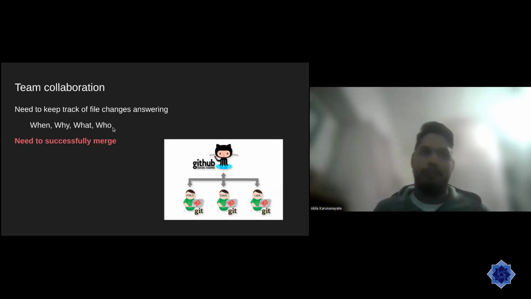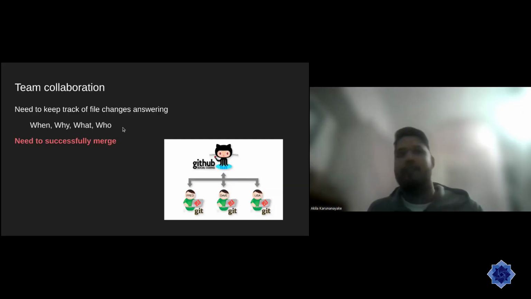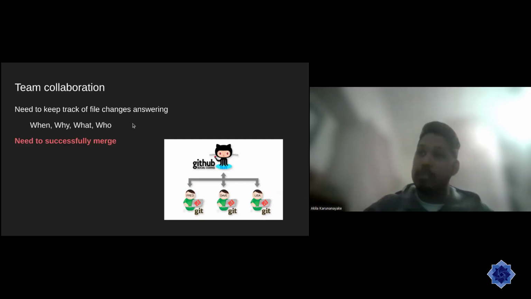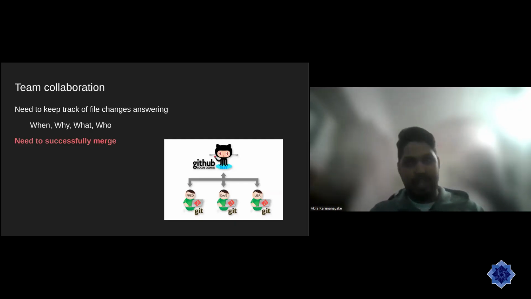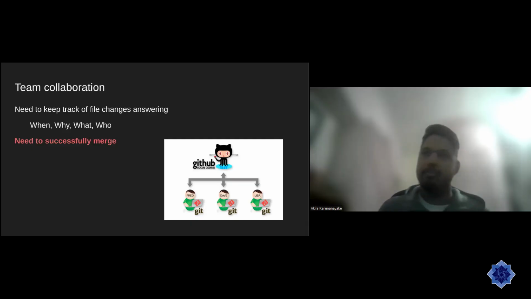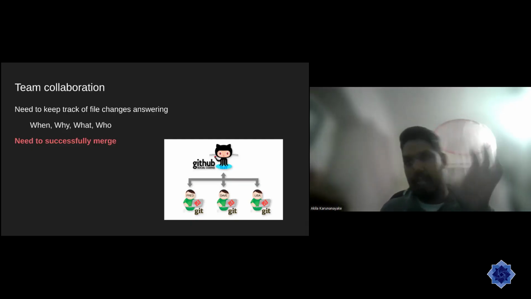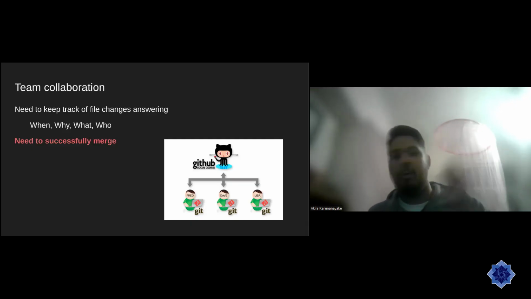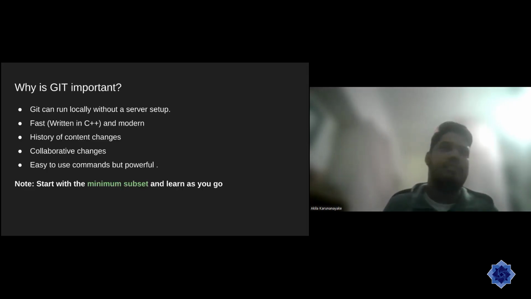Quite often we come to a point where everything starts to fail and we need to figure out how to fix the code. But most importantly, we also need to put all these different changes together, which is called merging in Git terms. So we need a way to successfully merge all these changes.